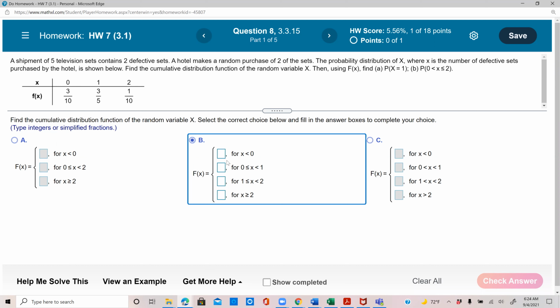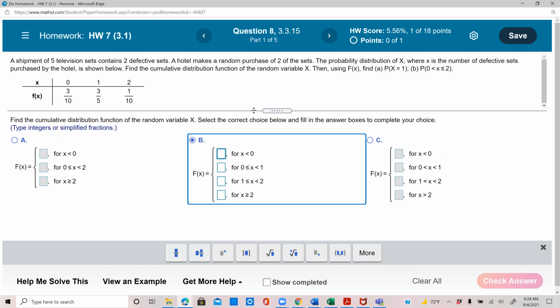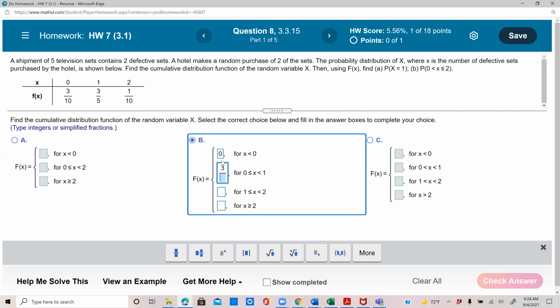So when x is less than 0, you haven't picked any probability yet. And then when x is equal to 0, you pick up 3/10. And then when x is equal to 1, you also pick up another 3/5. So 3/10 plus 3/5.